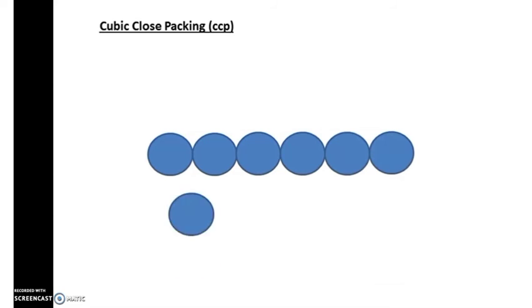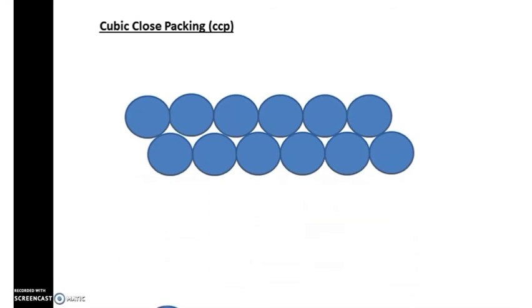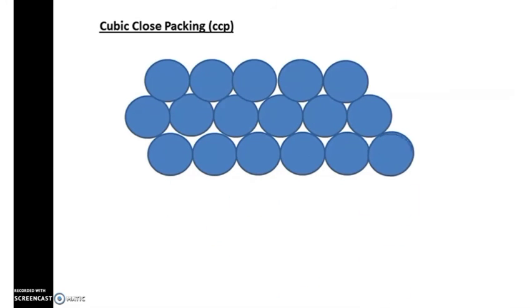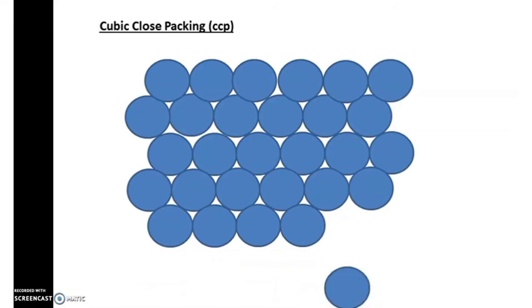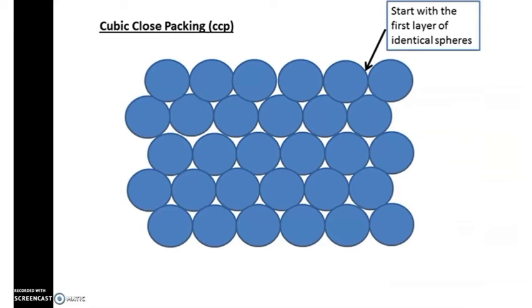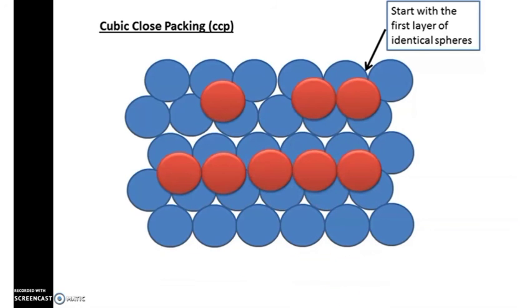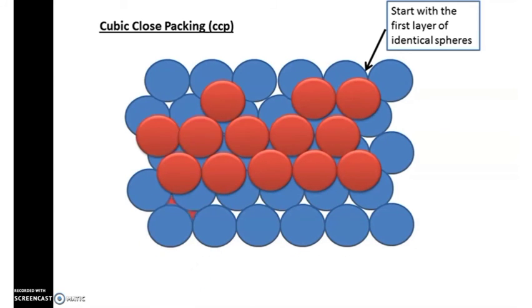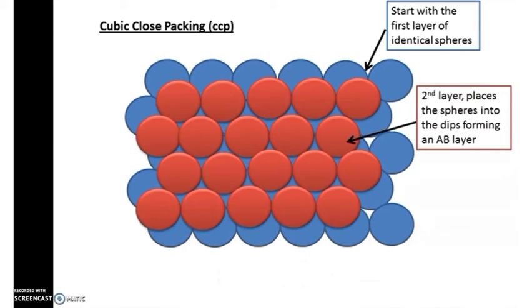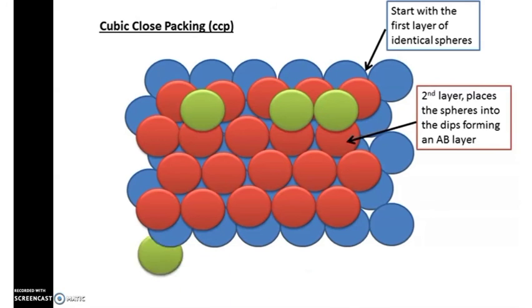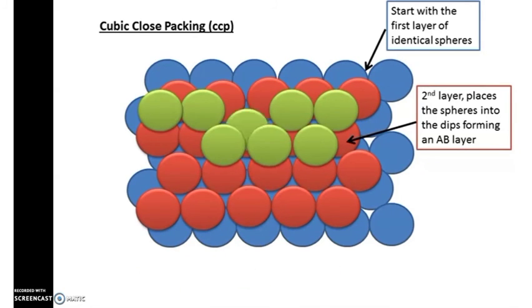Then we'll see cubic close packing, denoted by CCP. How is this cubic close packing arranged? In this type of packing, the third layer is placed in such a way that the particles cover the octahedral voids. There we covered the tetrahedral voids, but here the third layer is covering the octahedral voids.